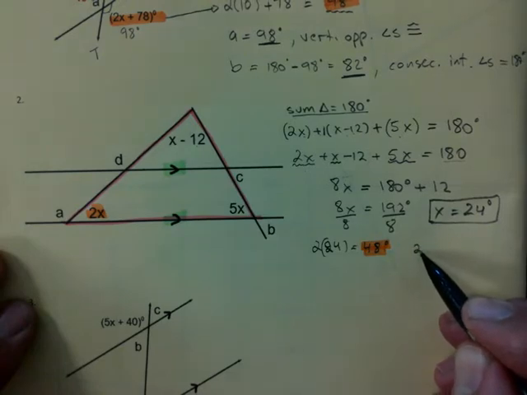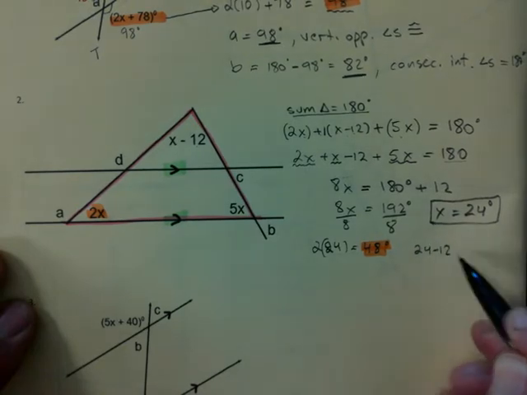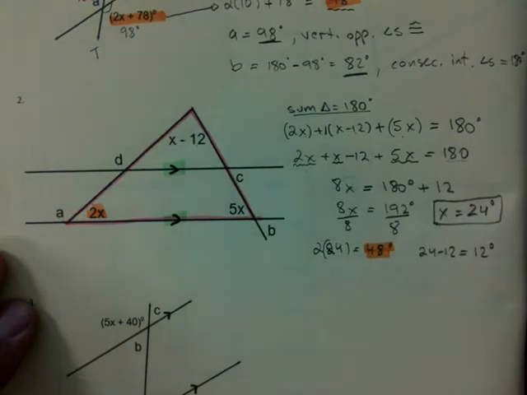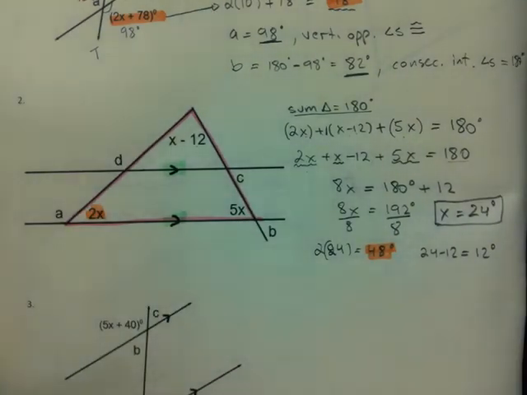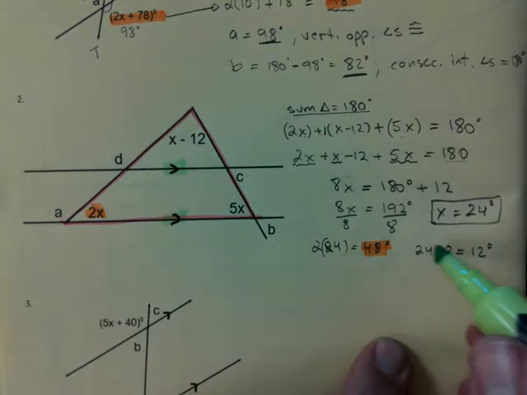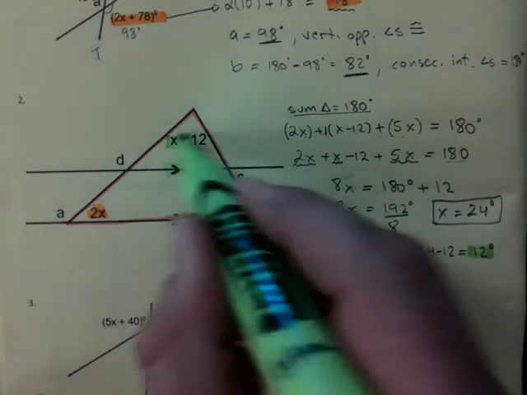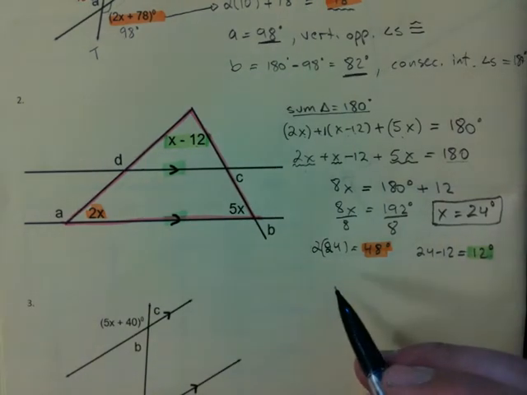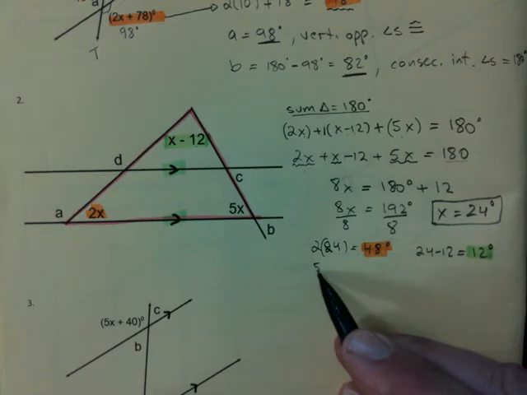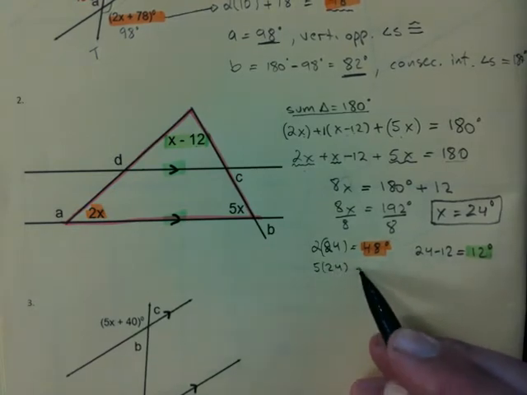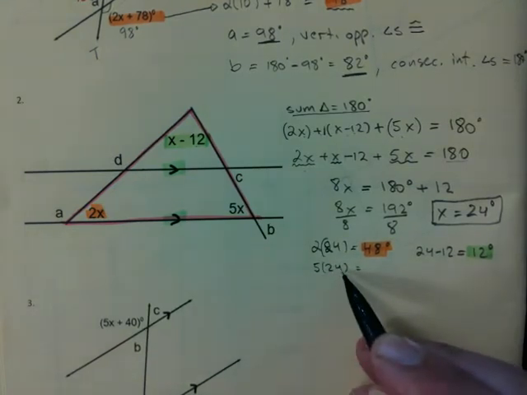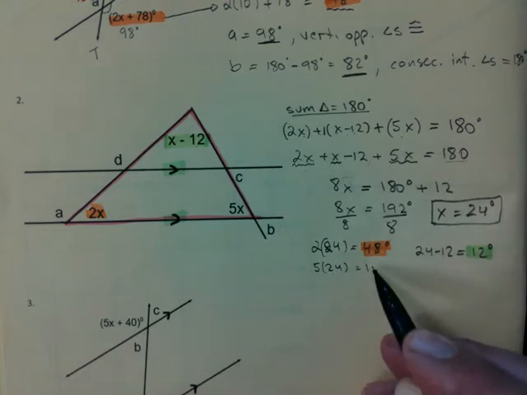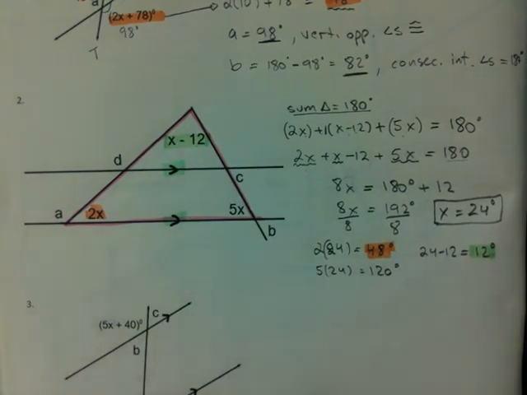But then I'm going to go 24 minus 12 is 12 degrees. And then I'm going to call this 5x, right? So 5 times 24. That's 20 and 10, so 120.